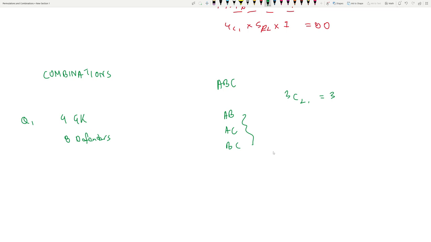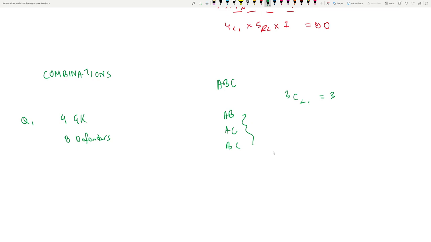If it was permutations, it would be 3P2, which is 6. Why so? Because AB and then BA, AC, CA, BC, CB, these would have been different arrangements. But here the arrangement doesn't matter. As long as you have AB or BA, that is considered as one single combination. That's the general idea.